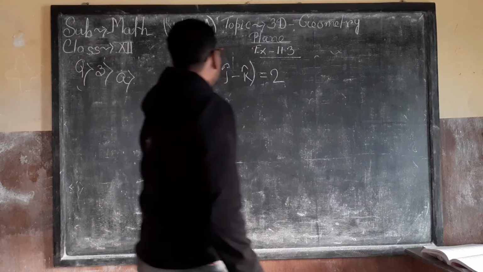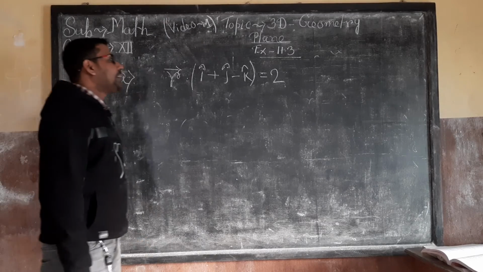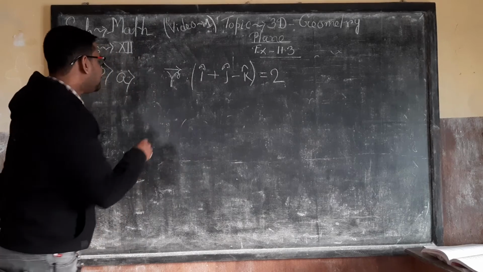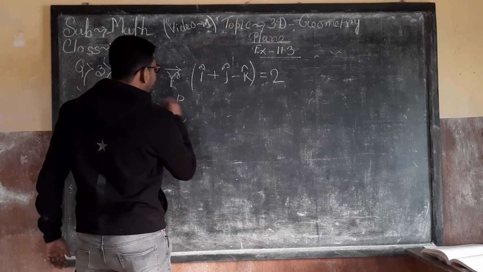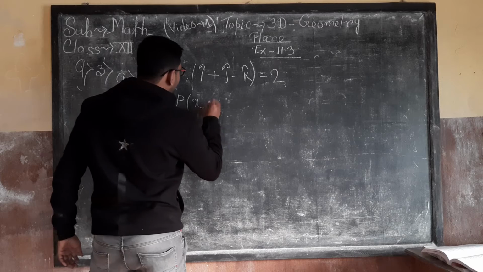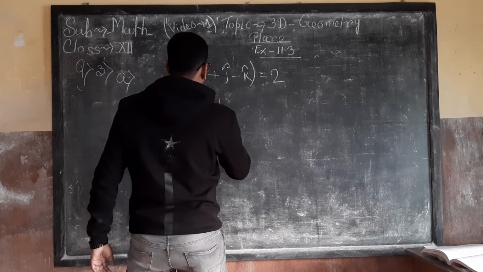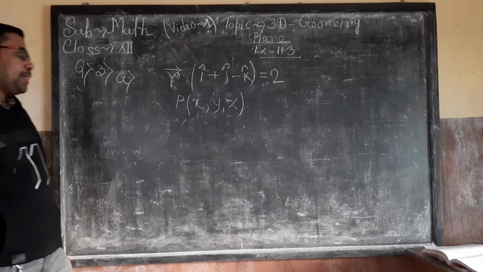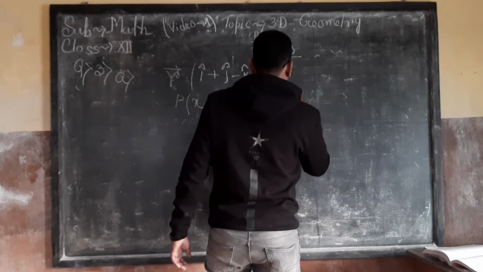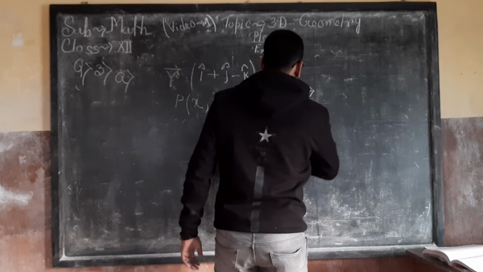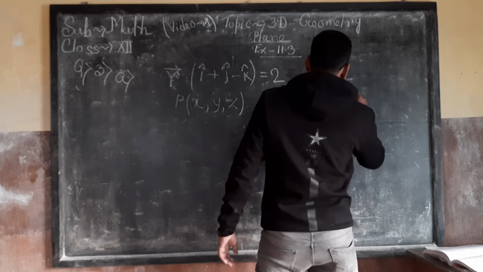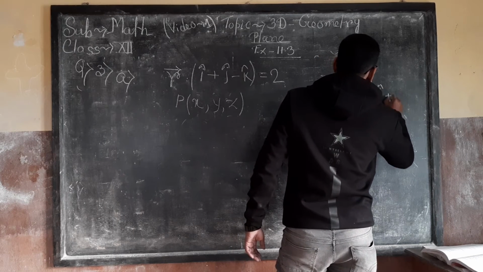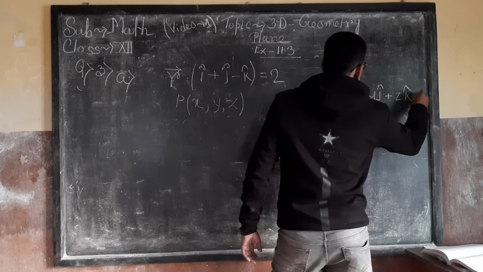So how to find the Cartesian form of this particular equation of a plane? First of all, we consider a point P with coordinates x, y, z, and the position vector of this P is xi cap plus yj cap plus zk cap.